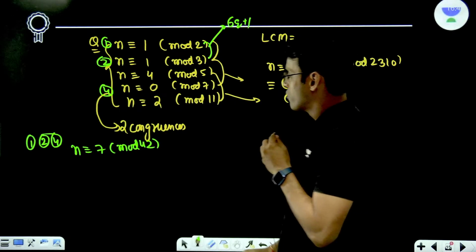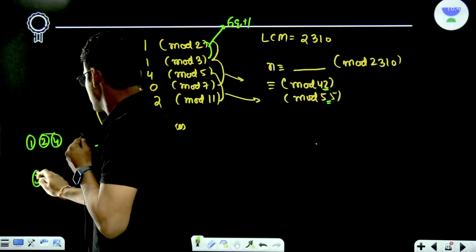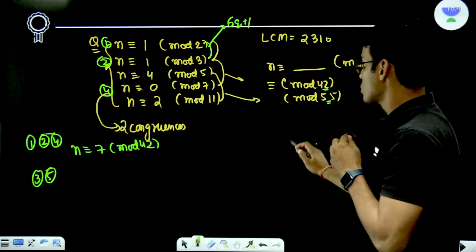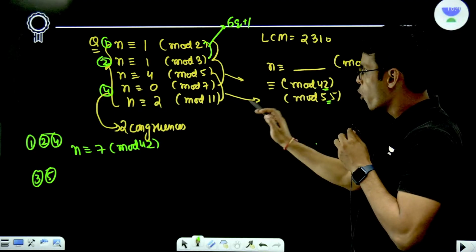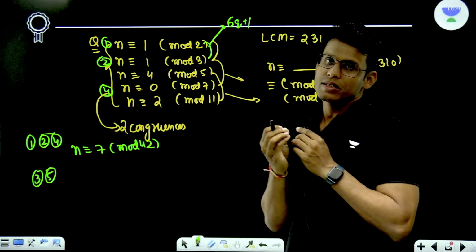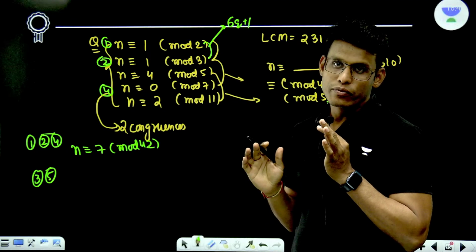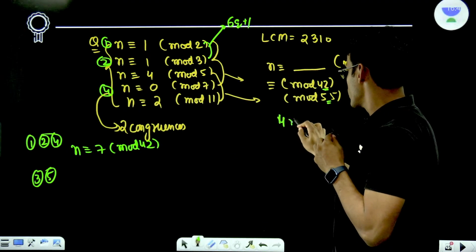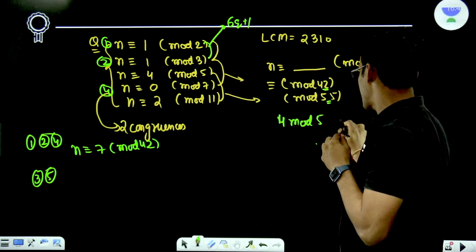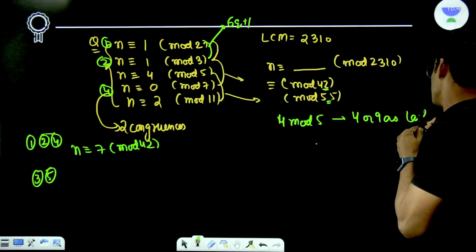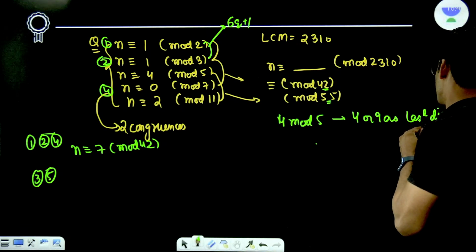Let's talk about 3 and 5. 3 is 4 mod 5 and 2 mod 11. There is something very amazing about mod 5: 4 mod 5 will have 4 or 9 as the last digit, right? That is the beauty of 5.